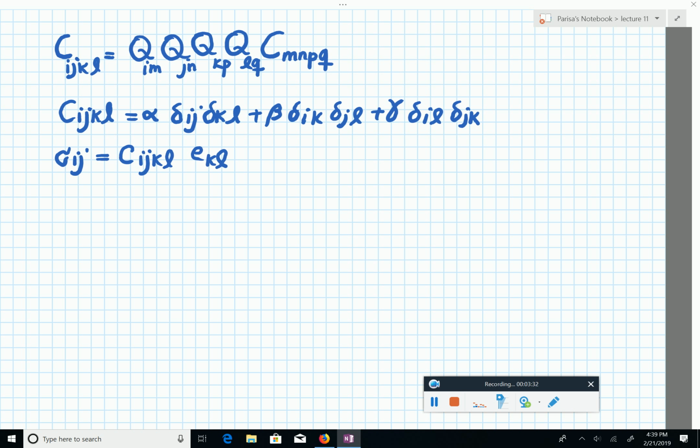If you can see it immediately, just use the Kronecker delta function, this substituting operation. So the general form alpha plus beta plus gamma, if you substitute it in the linear elasticity relationship, how does it look?